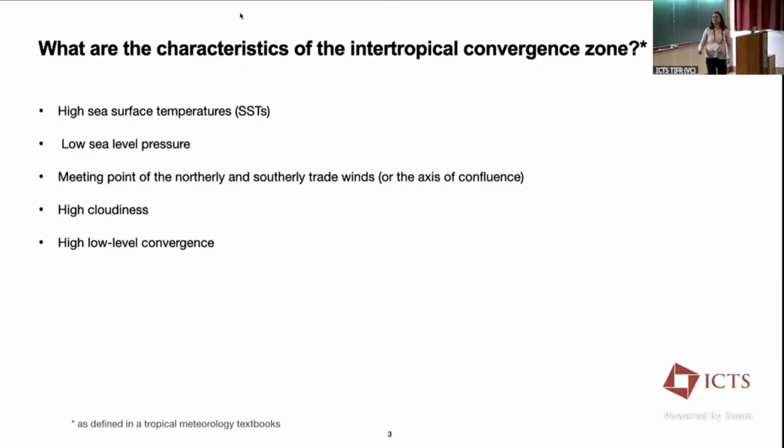So when I read this, I thought, wow, that's a remarkable feature for all of these to come together. So do you think all of these are co-located? Like, let's say the precipitation maximum, is it always co-located with the highest SSTs? Or is the precipitation maximum exactly where the trade winds meet? What do you think? When I say are these features co-located, I want you to think of local extrema: is the maximum precipitation co-located with maximum SST or minimum sea level pressure or high cloudiness?